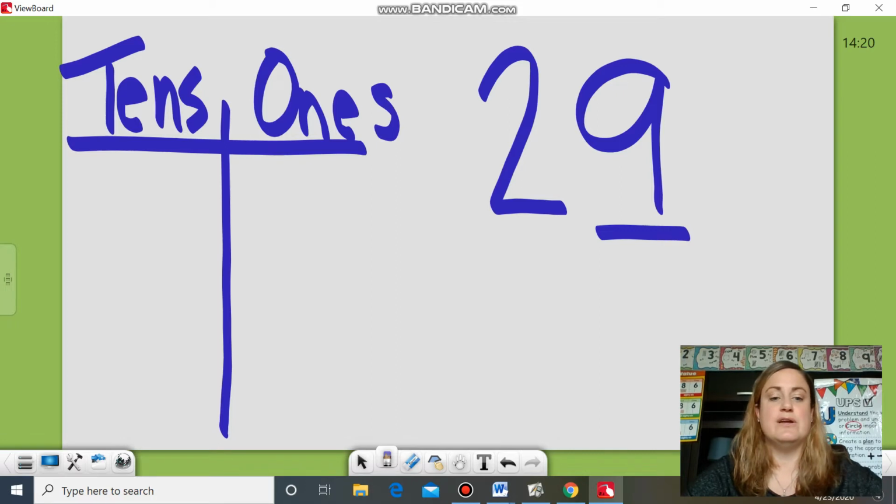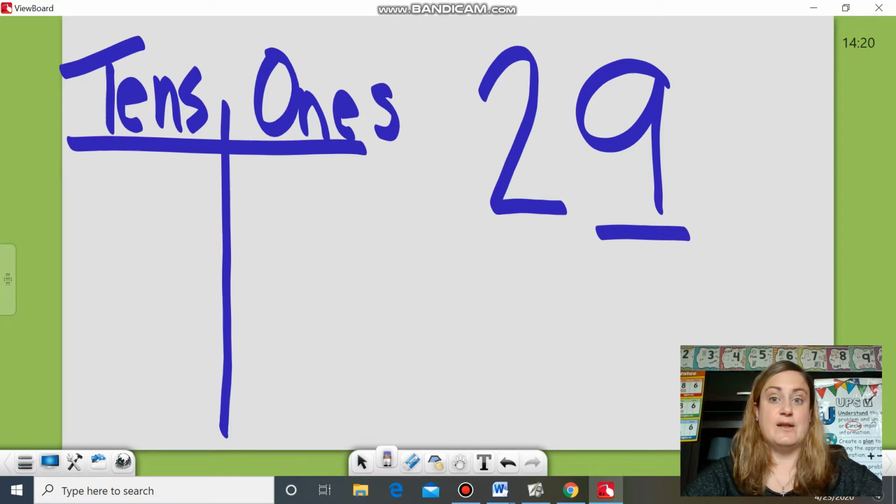So if you'll look over here, I have my tens and ones mat, and there is also a video that I'm going to have you watch about the place value house. One of the main rules with the place value house is you can only have one digit in each room. My house right now has 2 rooms, the ones room and the tens room.